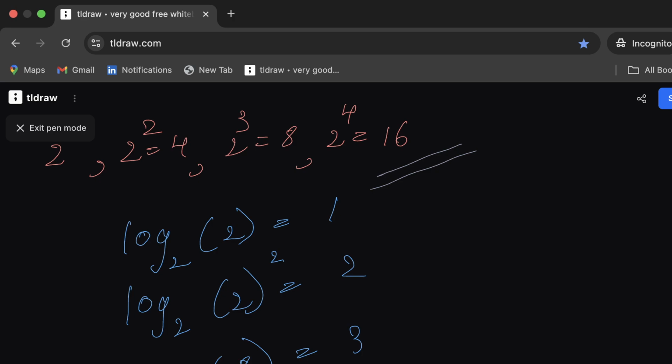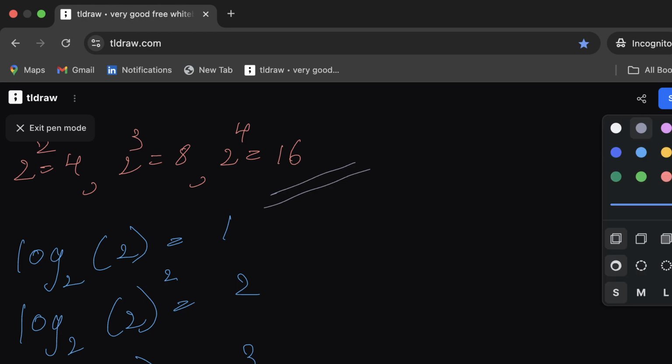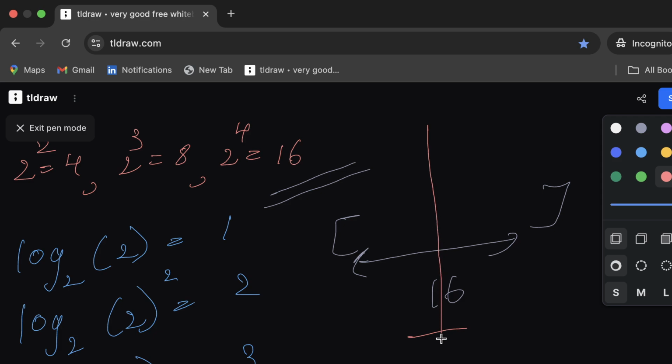For example, 16. This is the halving. If you have 16 elements, we are not going to check all 16 at once. Whenever I come here, I'm going to check only half the size of the input.